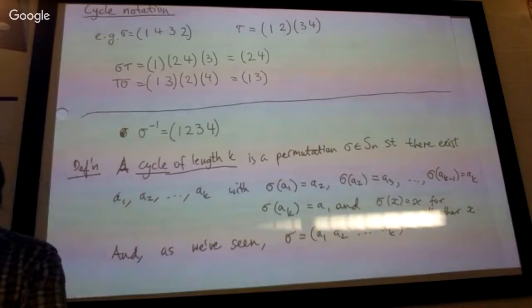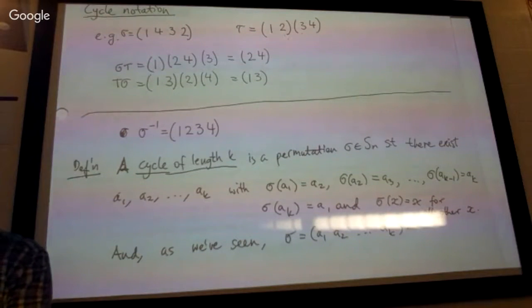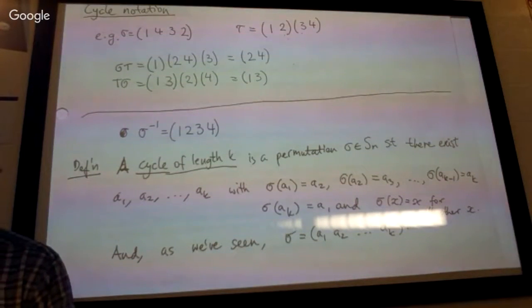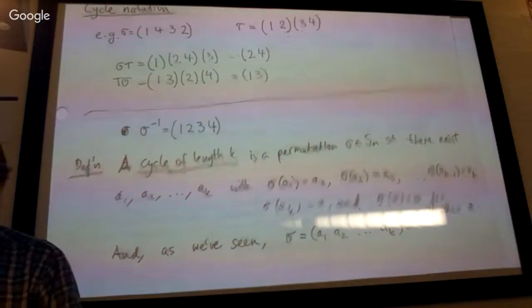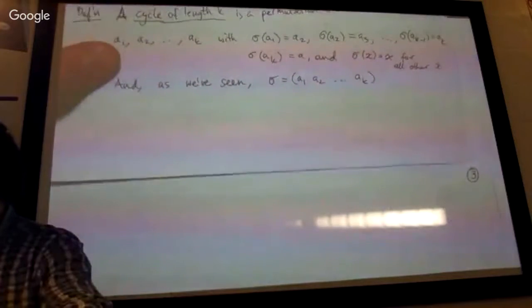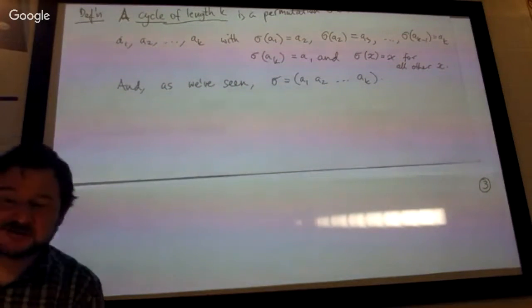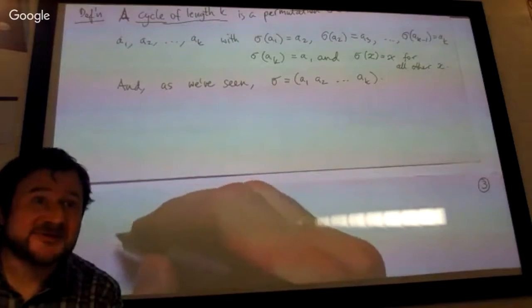Now, we know how to do products of cycles. The easiest case, though, of products of cycles is when the cycles are disjoint.